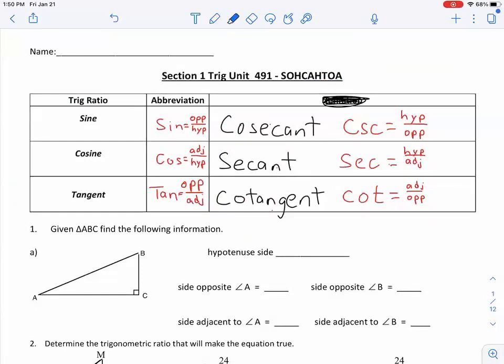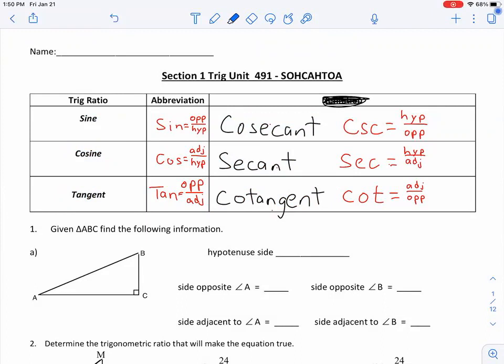So again, in order: sine, cosine, tangent, cotangent, secant, cosecant. It's helpful to remember which ones pair with each other.